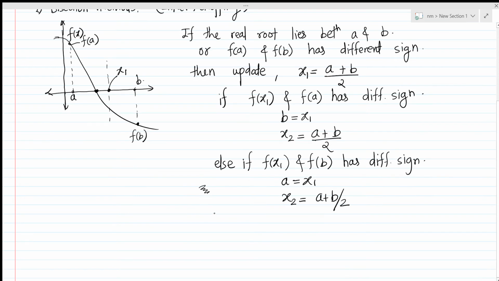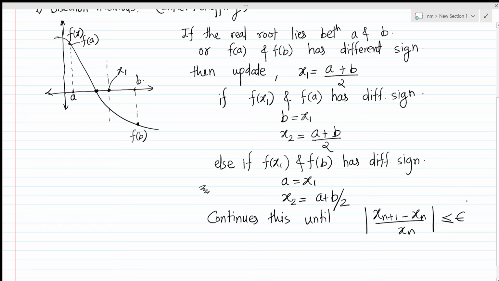Continue this process until we reach some threshold.